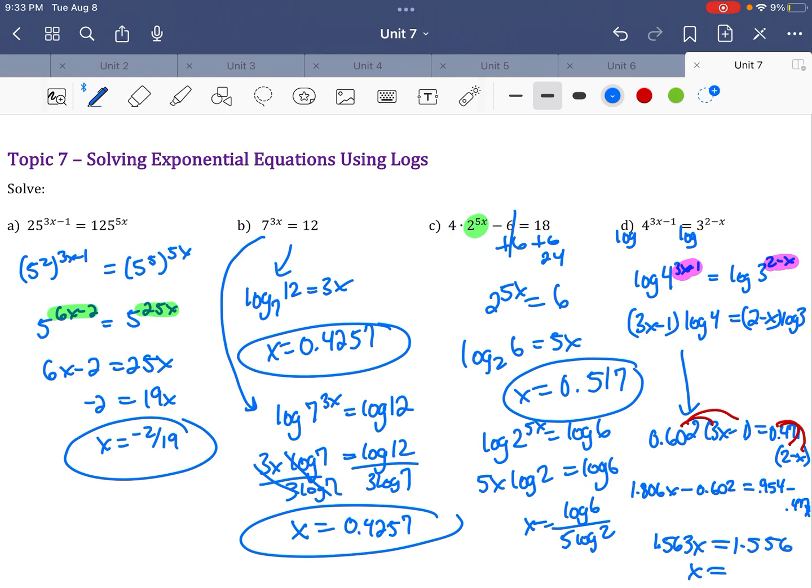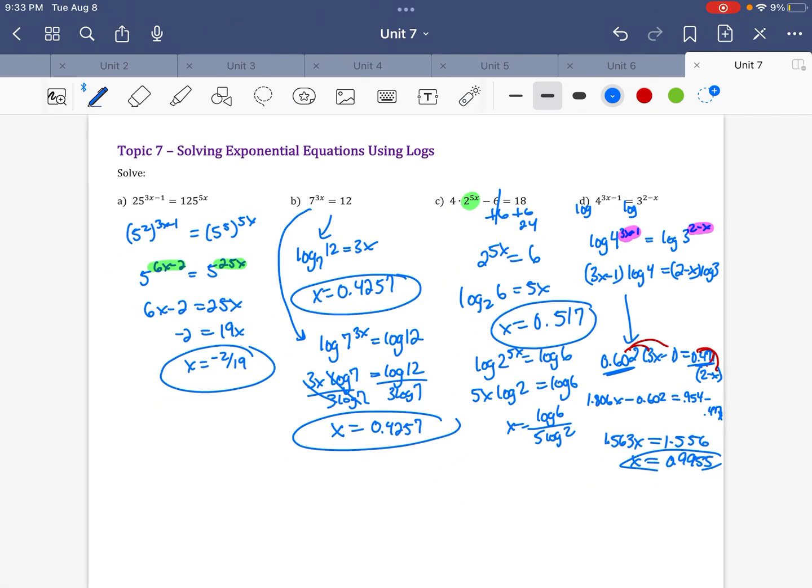So 1.556, and then finally that is going to be divided by 2.283. Now 0.9955. There's a lot of error in this answer because of the rounding that I had to do to get these numbers here, but it's close. Okay.